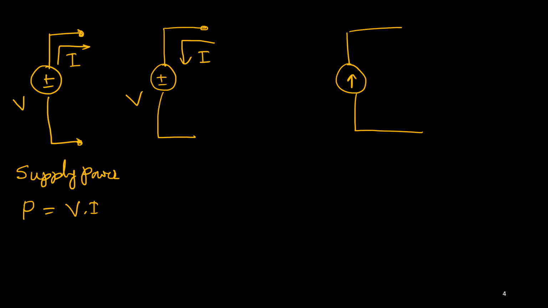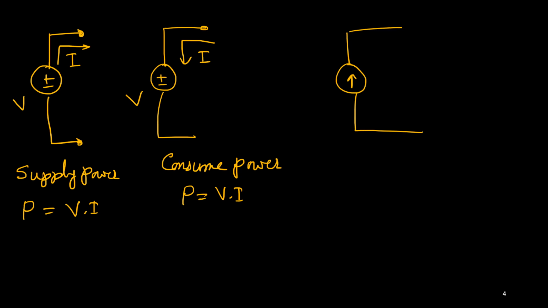Okay, so it will consume power, and at that time I write P equals again V into I. Okay, so we can consider positive and negative sign. Power supplied we can consider negative sign, and power consumed as positive sign, that convention we can take, but the important thing is that we should understand whether power is supplied or consumed.